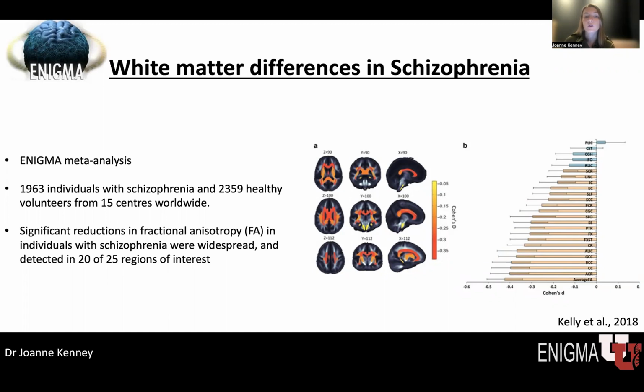FA is a measure of microstructural organization in white matter tracts in the brain. They found significant reductions in this measure in individuals with schizophrenia that were widespread throughout the brain. It was detected in 20 of the 25 regions of interest.